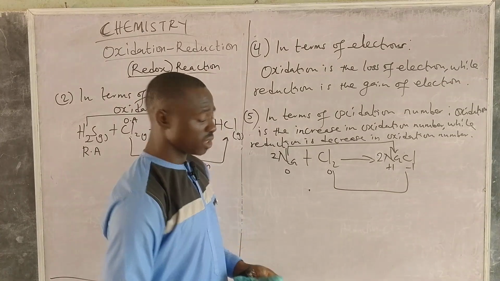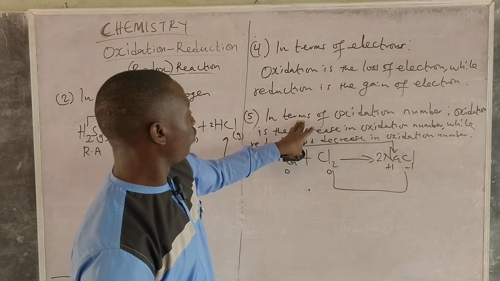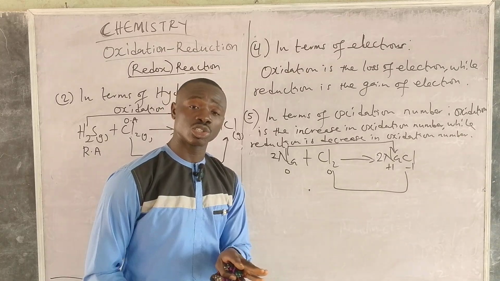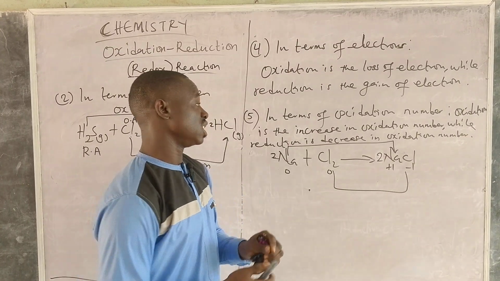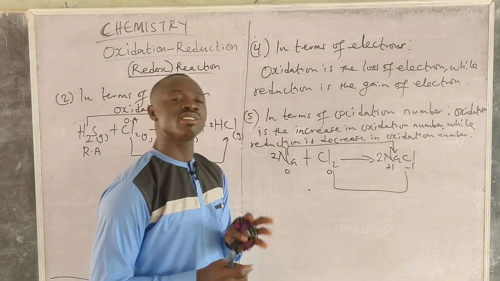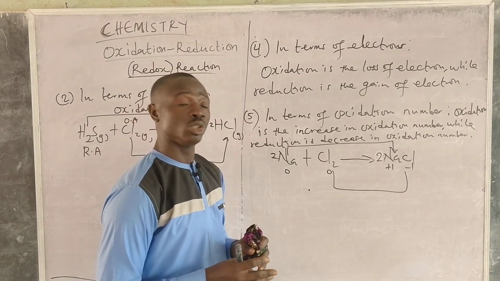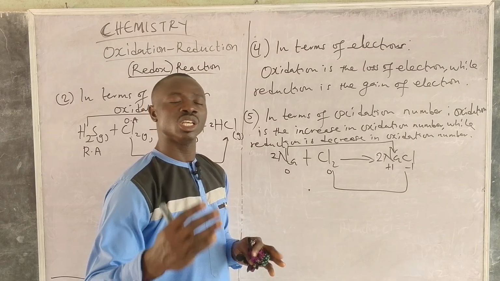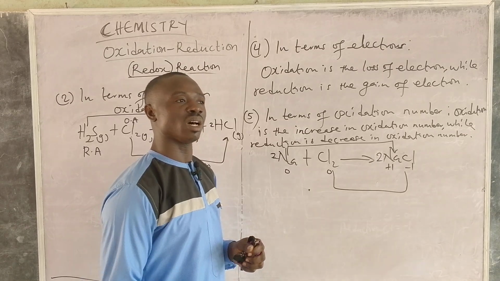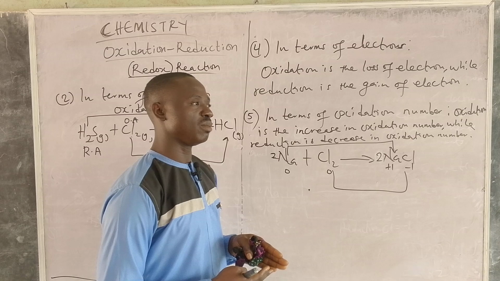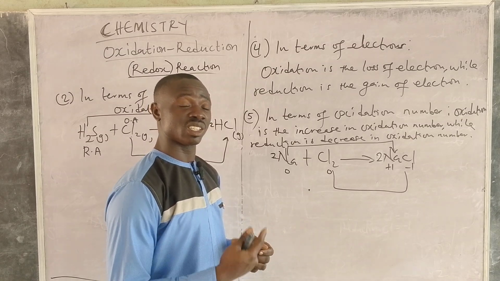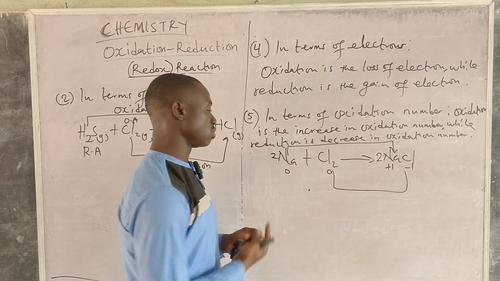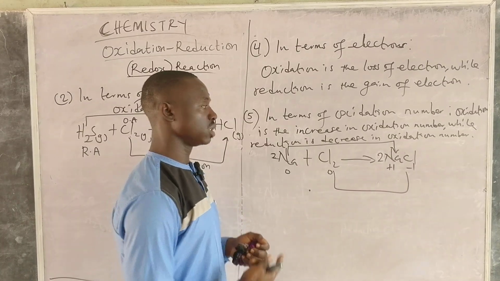So now, the reason why the fifth definition of oxidation reduction is the most accurate definition is because in any redox reaction, you must always have changes in oxidation number for the component elements, either increase or decrease. As one element is increasing in oxidation number, the other element must decrease in oxidation number.